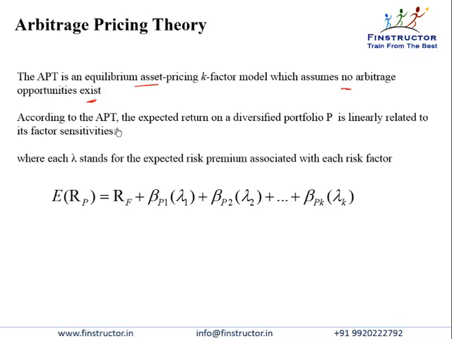According to the arbitrage pricing theory, the return is linearly related to the factor sensitivities. So lambda stands for the expected risk premium associated with each risk factor, and beta is the sensitivity. So the expected return on the portfolio is equal to the risk-free rate plus beta 1 times the risk premium attributable to factor 1.